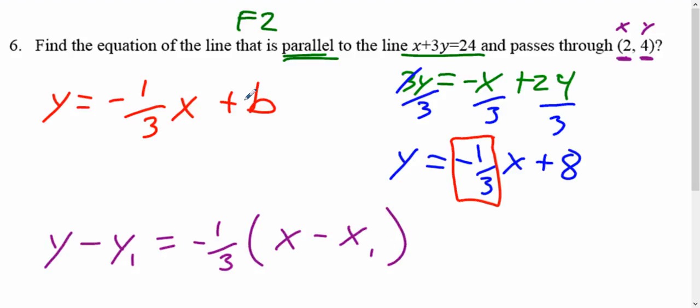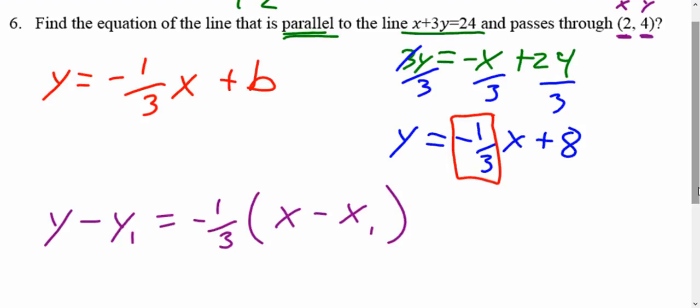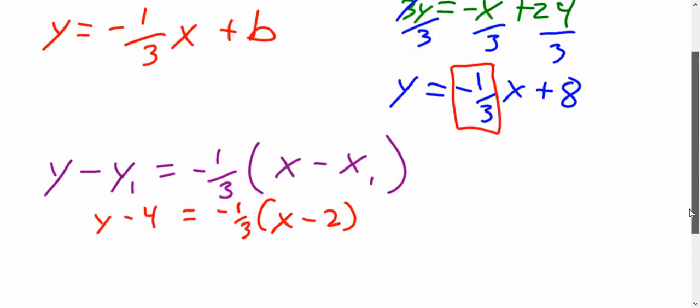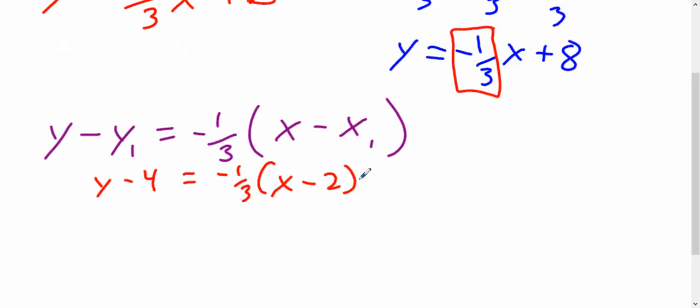So you have two options. You either plug it into slope-intercept and solve for b to get the y-intercept, or you plug it into point slope and just rearrange it. So if you plug it into point slope, you would plug in the 2 here. Then you would distribute and you have to add the 4 over.